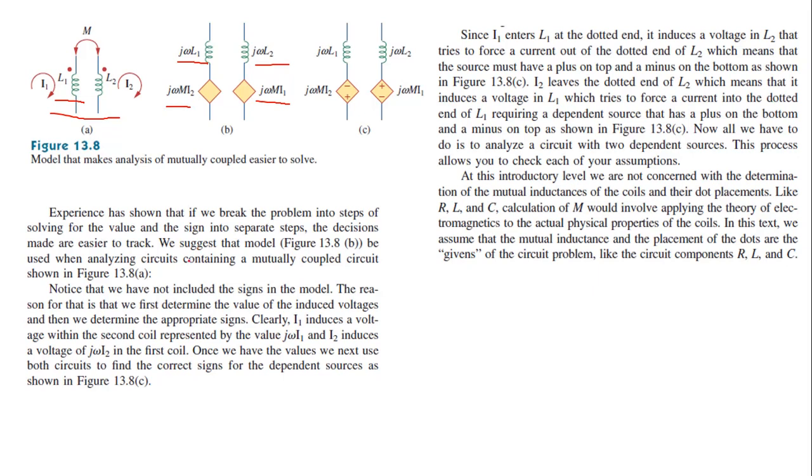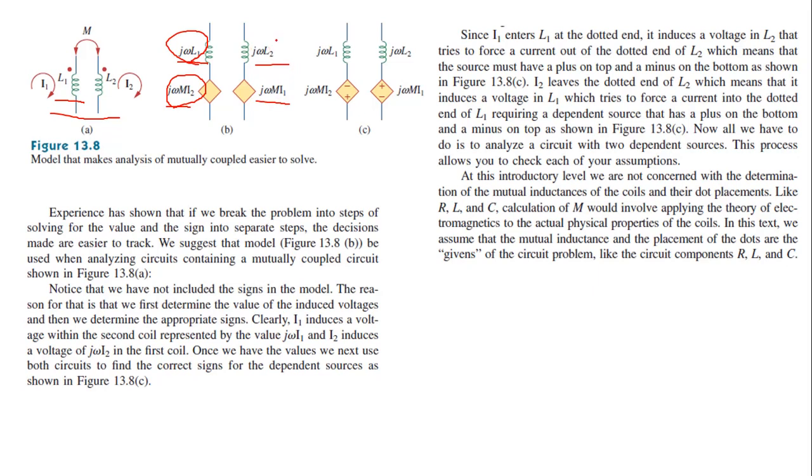Okay. So here you can see that mutual inductance is represented as a dependent source, and notice that we are not including the polarities here. The reason is, first we will determine the values of the voltages, that is j omega L1, j omega L2, j omega M I2, j omega M I1. These are the values.